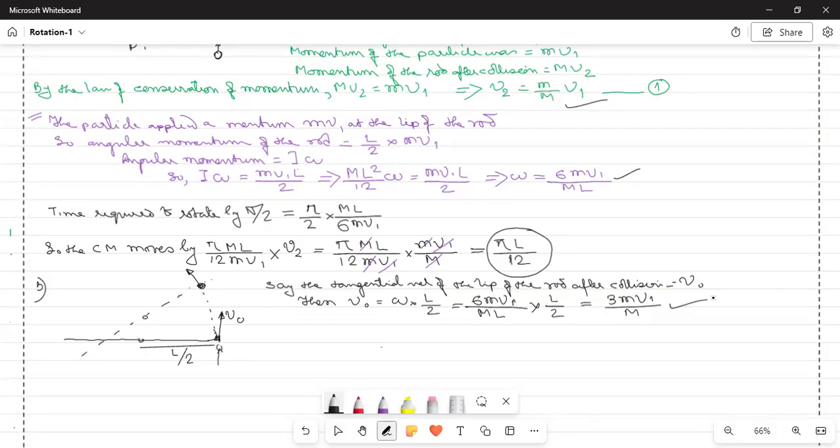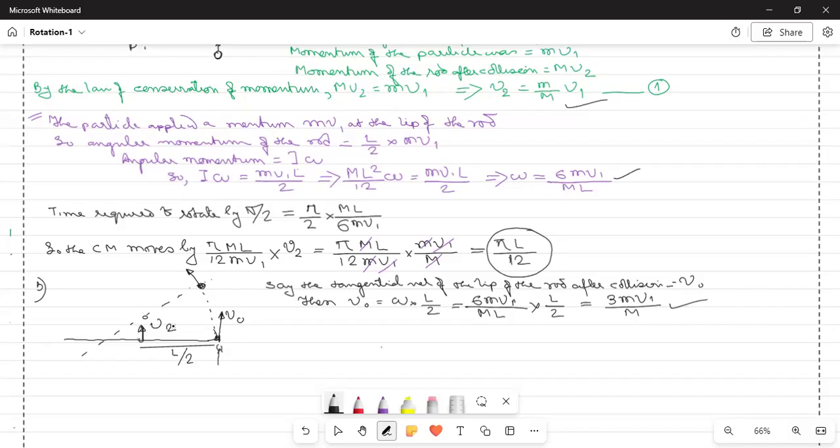And the fact is, the center of mass also has a velocity, which we have already considered v2.